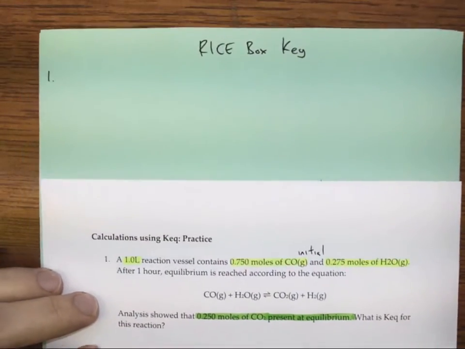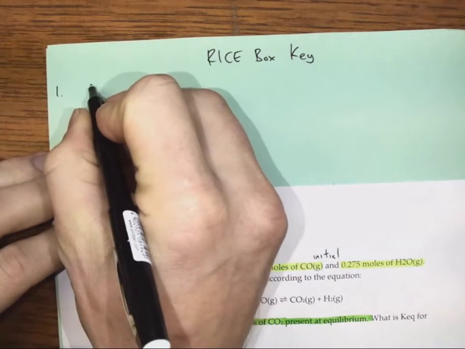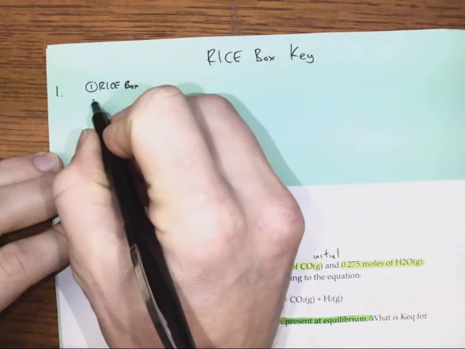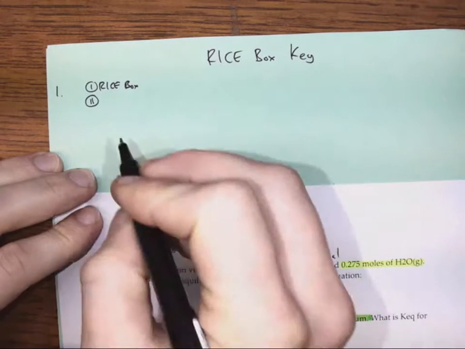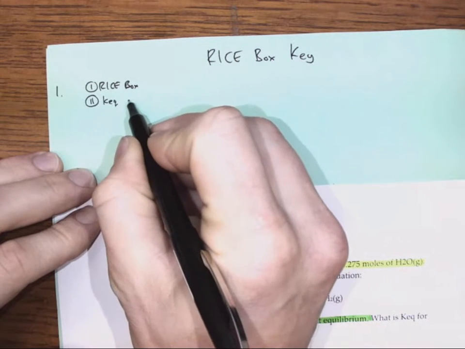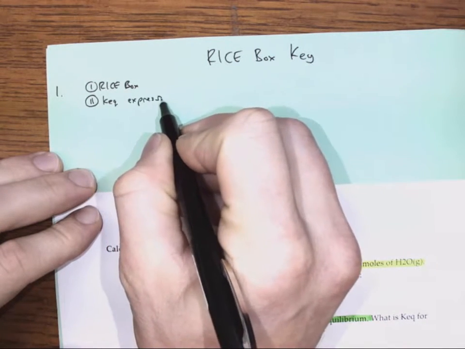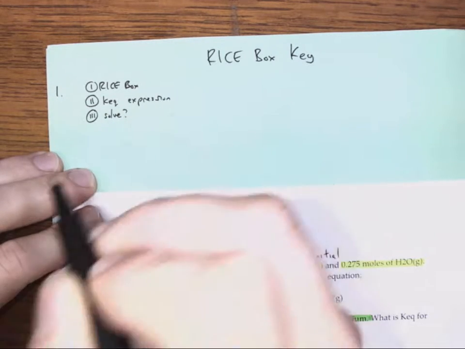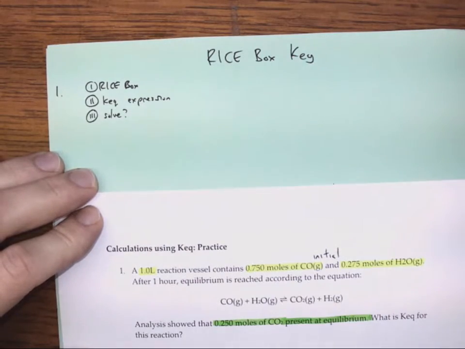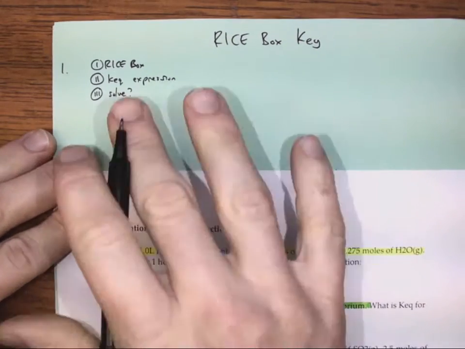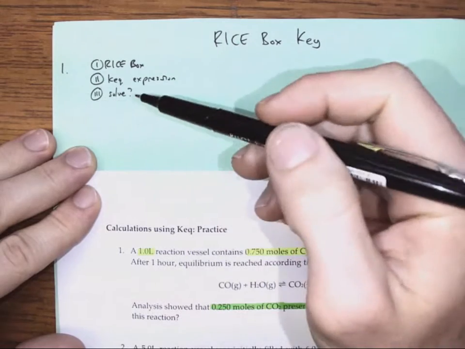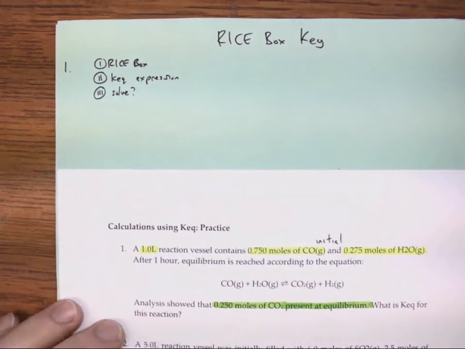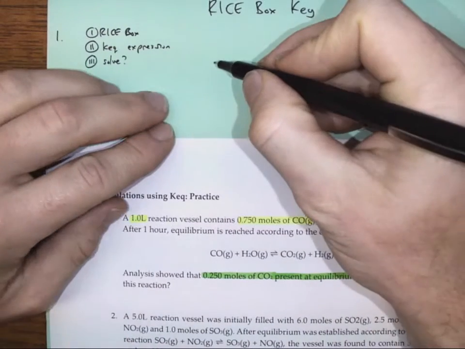If I can follow the general steps of starting with a RICE box, and then we'll write a K_eq expression, and then maybe we might have to solve for something. So if we can follow those steps, that's a good rule of thumb at least. It's not going to take us to all of our answers, but hopefully it will allow us to investigate in an orderly fashion. All right, so I'm going to write out a little RICE box here.